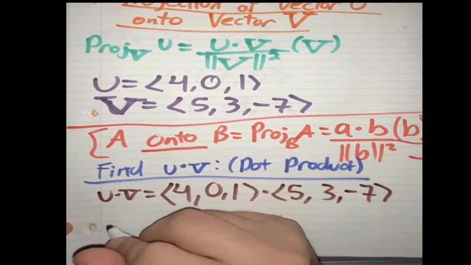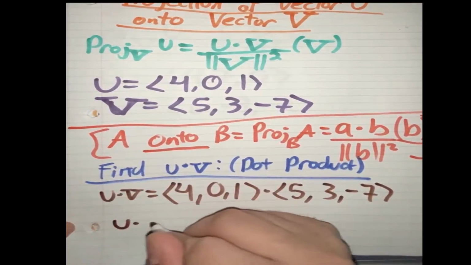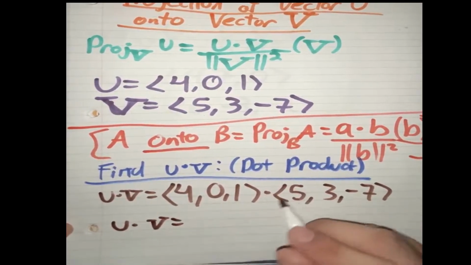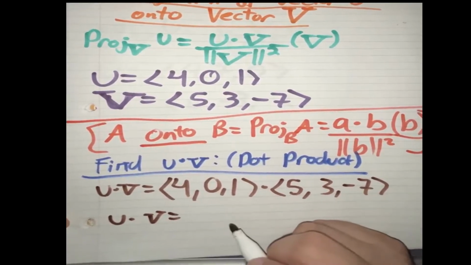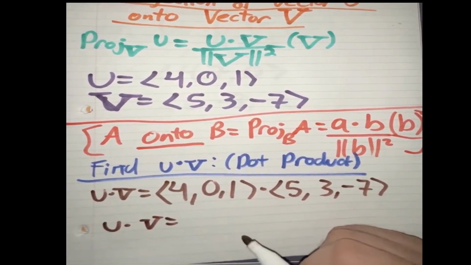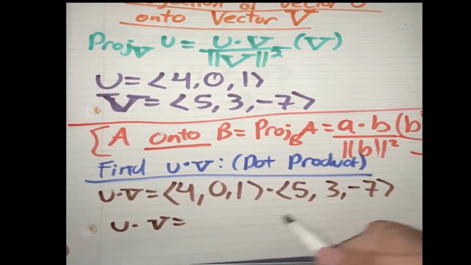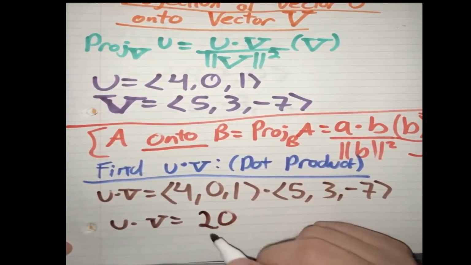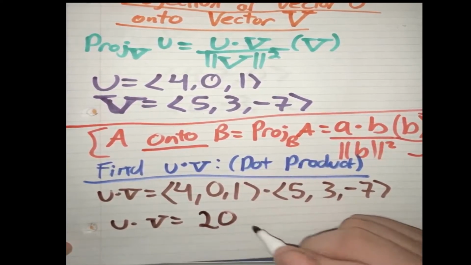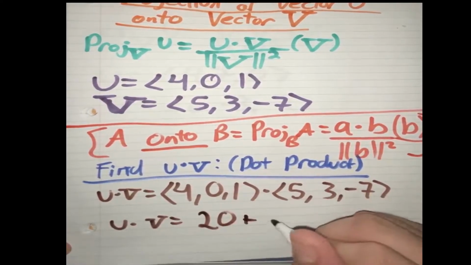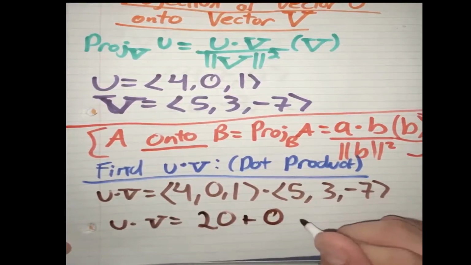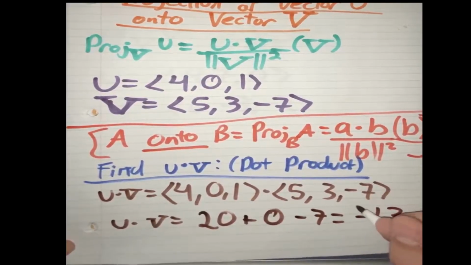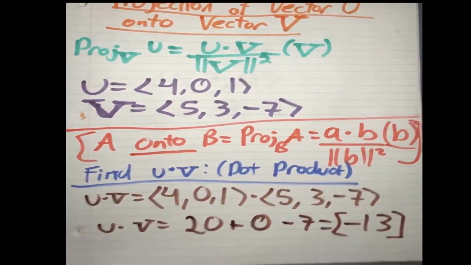When we dot these, we get 4 times 5, element by element multiplication. If you don't know how to take a dot product, I have a video on that, which I think is essential for calculus, for Cal 3 especially. So 20, plus 0 times 3 is 0, plus 1 times negative 7 is minus 7. So this equals negative 13. This is our dot product.